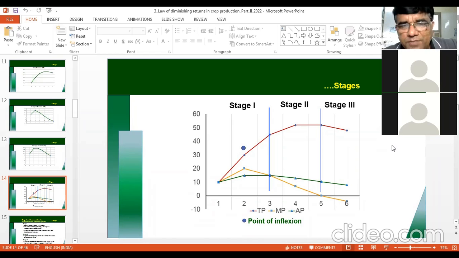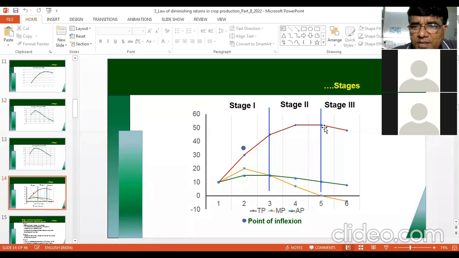You can see stage 1 ends when AP and MP are equal, and then both start decreasing in stage 2, and at the end of this stage, AP is positive, but MP is 0, and your TP is maximum.